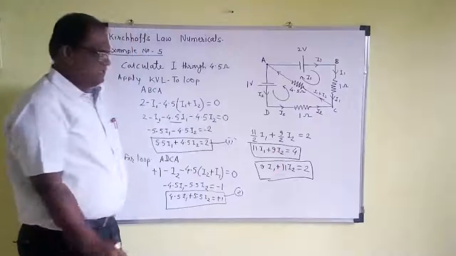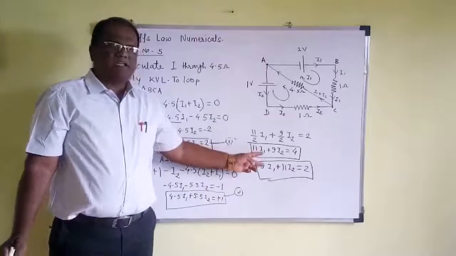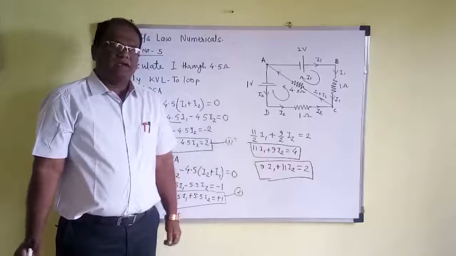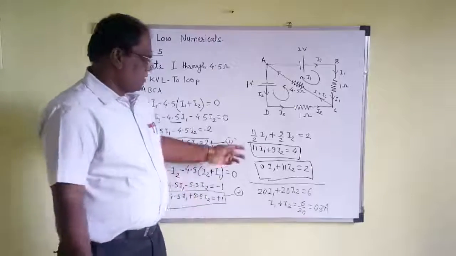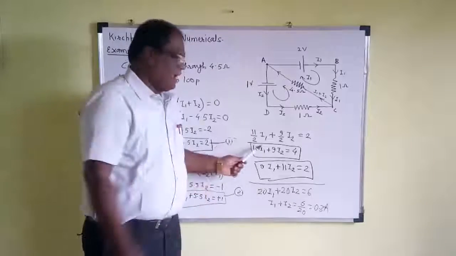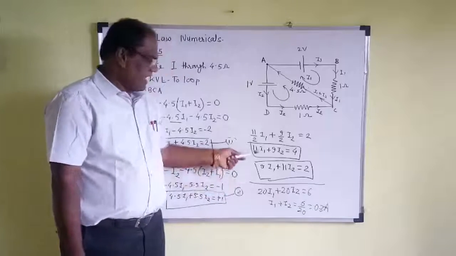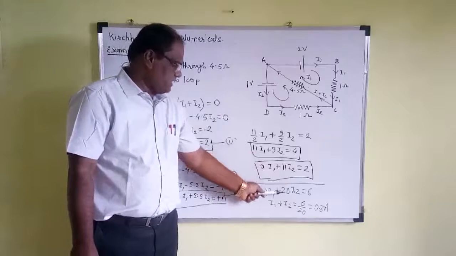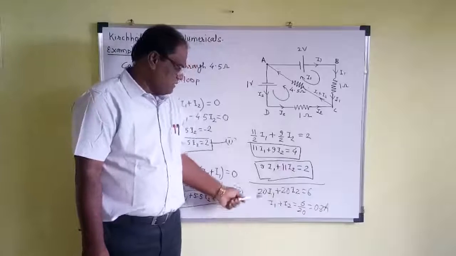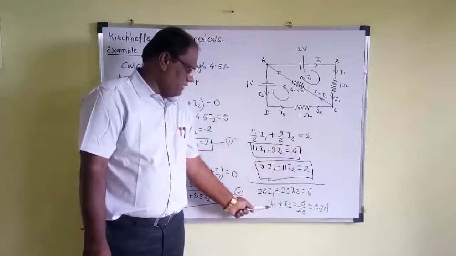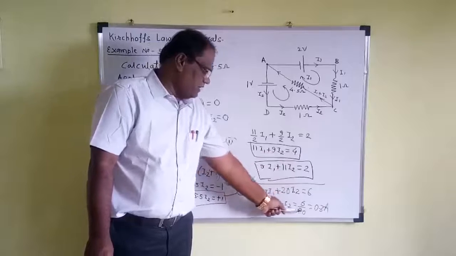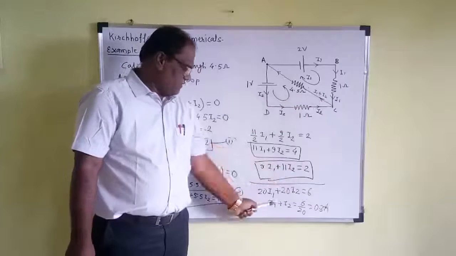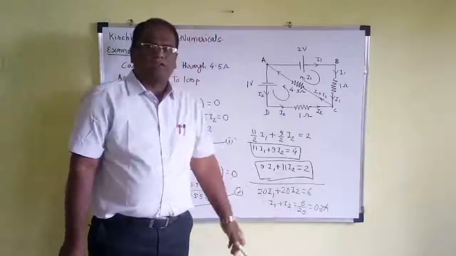These are simultaneous equations. After solving, you can easily determine I1 and I2. Add these equations, you will get 11 plus 9, 20 I1 plus 20 I2 is equal to 6. Divide throughout by 20, you will get I1 plus I2 is equal to 6 by 20, that is equal to 0.3. Thus, I1 plus I2 comes out to be equal to 0.3.